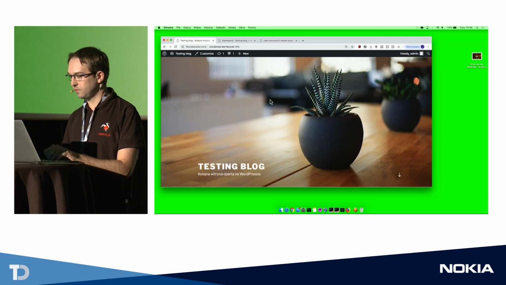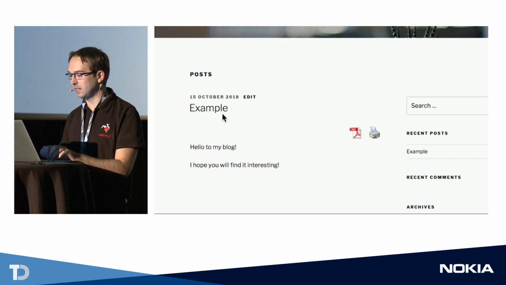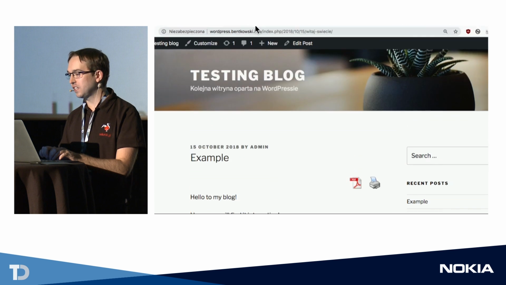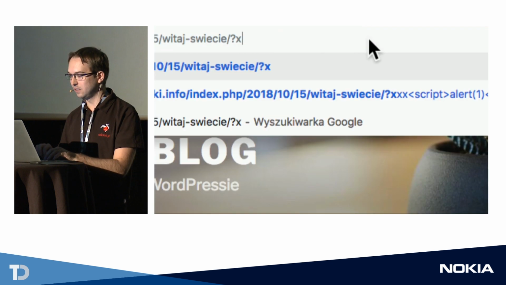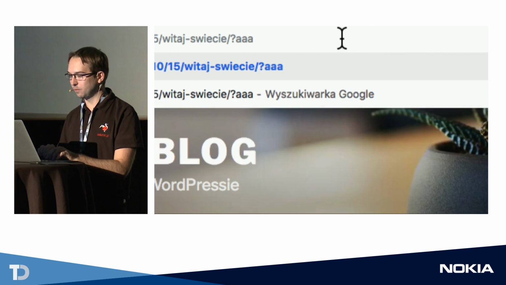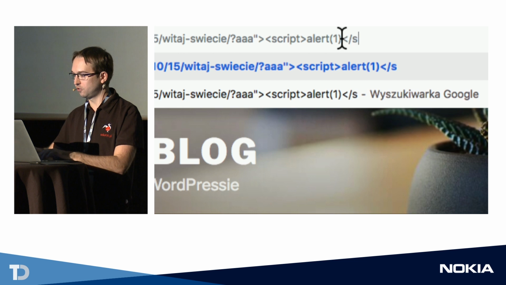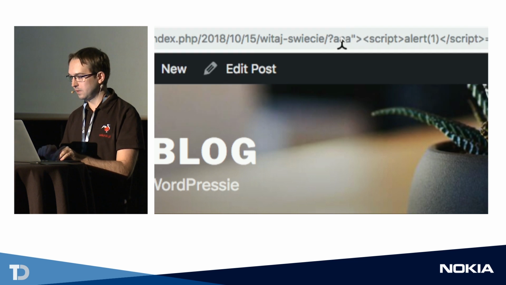So I have a WordPress over here. When the plugin PDF and Print was installed in the vulnerable version, every single page with a note was vulnerable to XSS. So I can add some code in here, add a script tag, execute alert(1). It must be equal to anything.